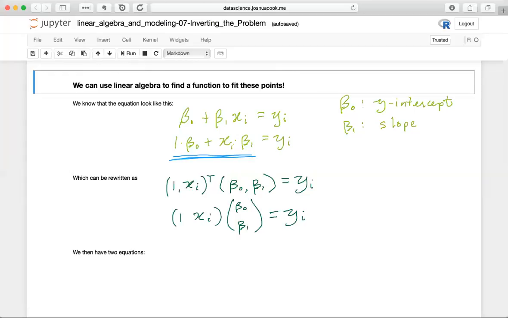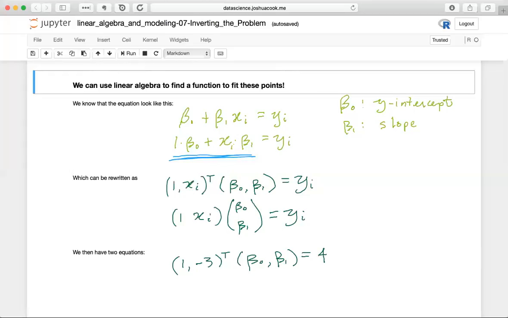So if I take this first form, I would have 1, -3 transpose times beta 0, beta 1 is equal to 4.